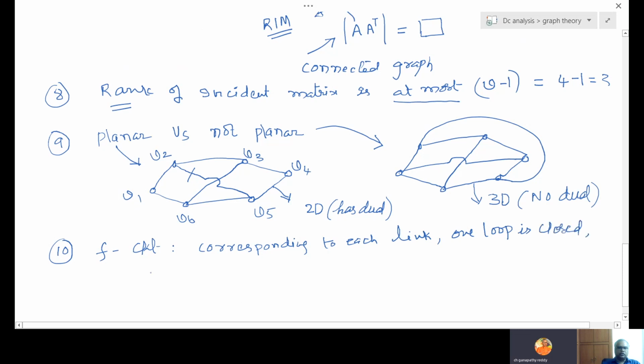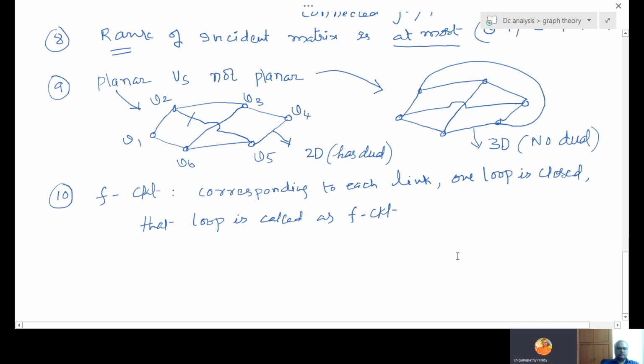That loop is called as F set. So this point we discussed earlier also. Every link will form one loop. So that loop is called a fundamental circuit.